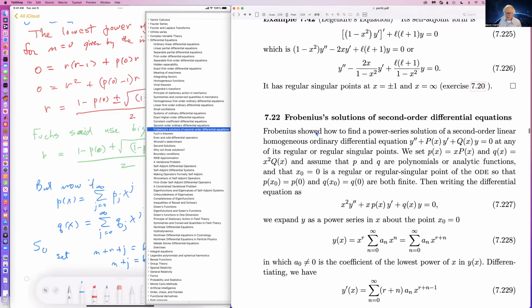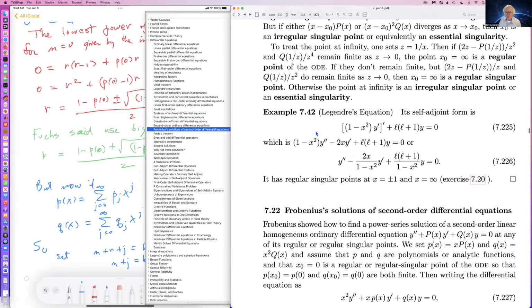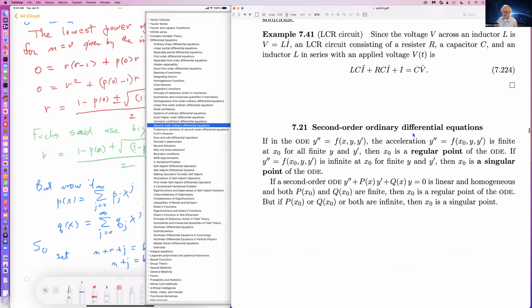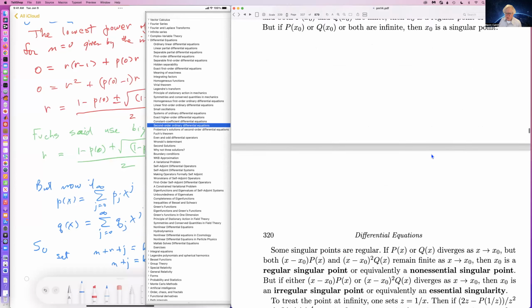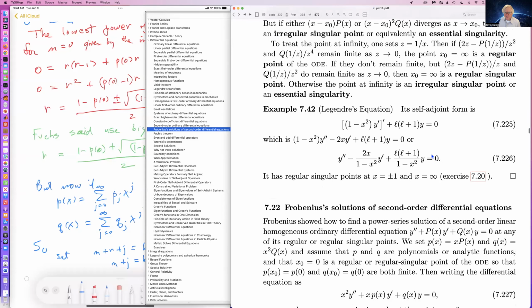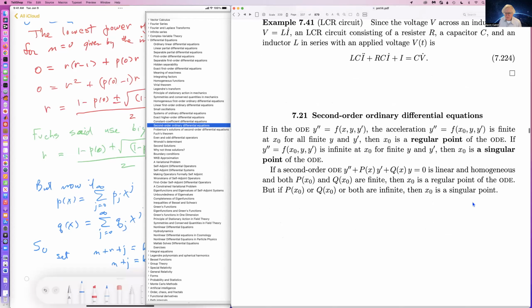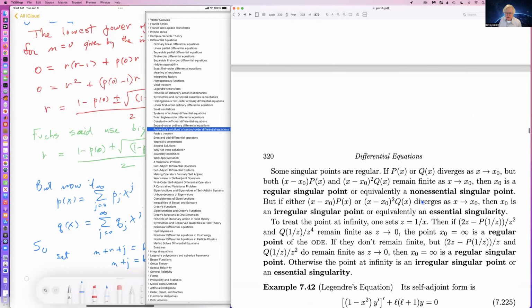I'm trying to find out where we talked about singular points, and now I can't. Ah, there it is. It's before that.